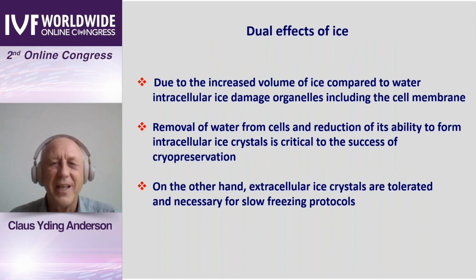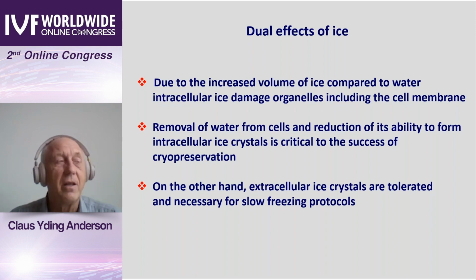It's very important to understand that when we freeze, especially in connection with slow freezing, there's a dual effect of ice. Of course, you all know that ice has a higher volume than water. If we have ice crystals inside a cell, there's a huge risk that the expansion of the water crystal will damage the cell membrane. So we have to remove water from the cells, and we have to avoid intracellular ice crystal formation.